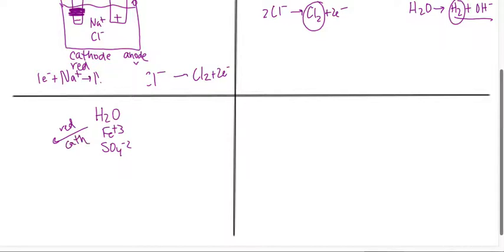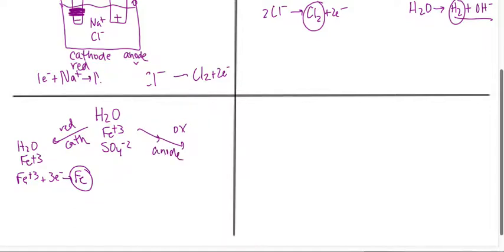What are the 2 options? Water and iron plus 3. Which one is it? Iron, because iron is not a group 1 or group 2 metal. So we're going to plate iron at the cathode, and then oxidation occurs at the anode.